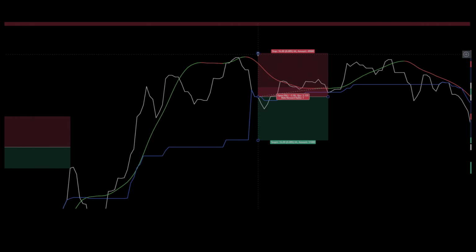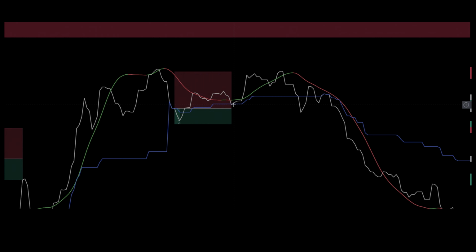So this one is a valid entry. So we would take this. Our stop loss is at the beacon line, and we would end up closing this immediately. Look at this, it comes back up through it on our entry.